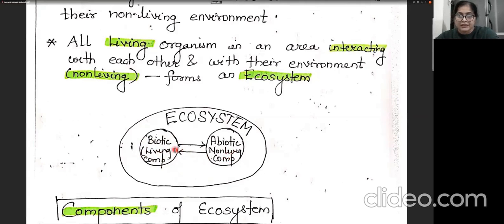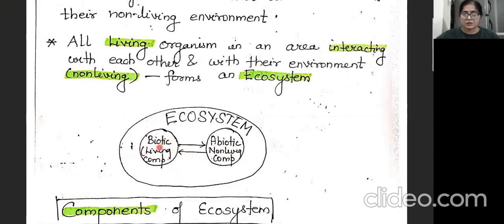In this picture, it is very clear that biotic and abiotic components interact with each other, as well as the biotic components interacting among themselves. So the biotic and abiotic components of a given area interacting with each other form a unit that is called an ecosystem.